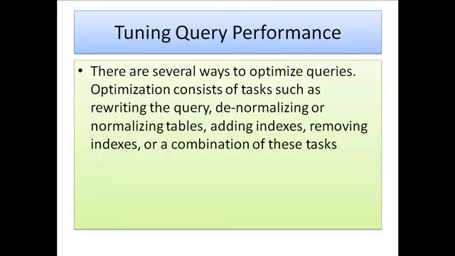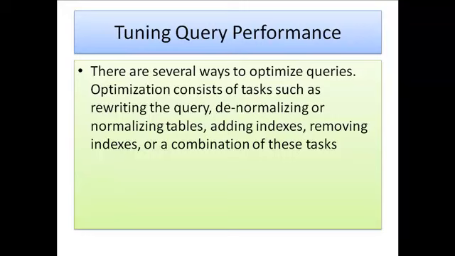And the second one is denormalizing, which is also a way of rewriting the query. Normalizing means the normal forms: normal form 1, normal form 2, normal form 3, splitting tables, making relationships, and working with primary keys, unique keys, and indexes. If you denormalize, you might get performance benefits for that query.